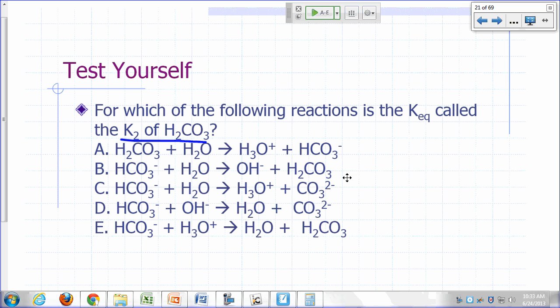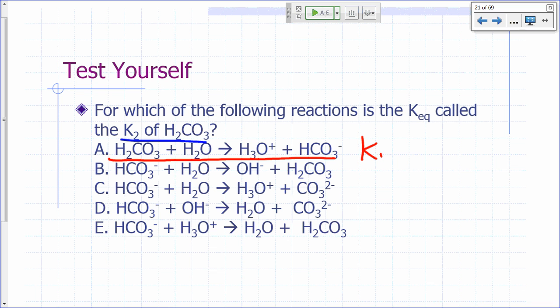Let's take a look at this. You say this is what? That's K1, right? Or Ka1. That's the first step. K2 means after you've taken out one hydrogen, so this must be your reactant, right? But Ka means reacting with water, so it can't be this.